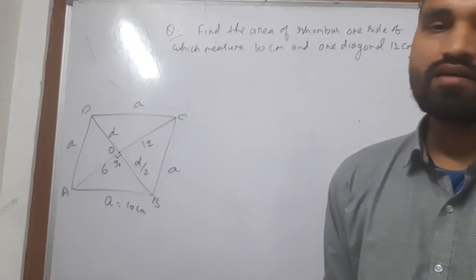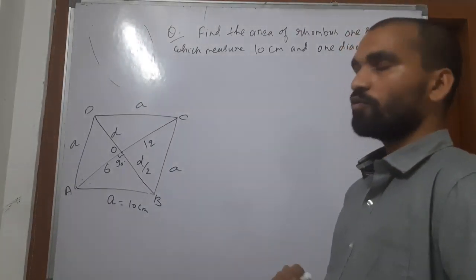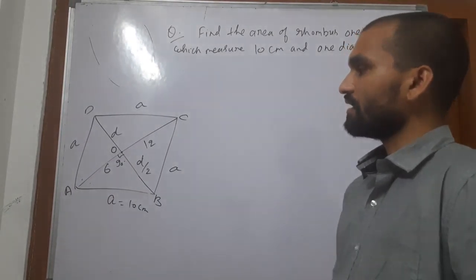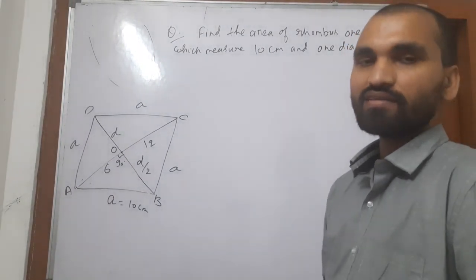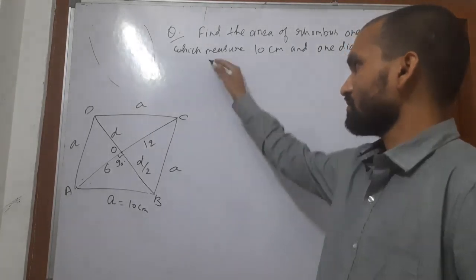So now this will be the right angle triangle AOB, and in a right angle triangle we can apply the Pythagoras theorem.